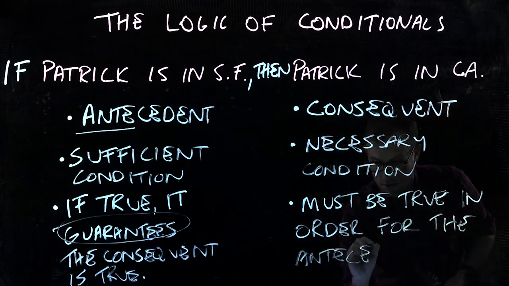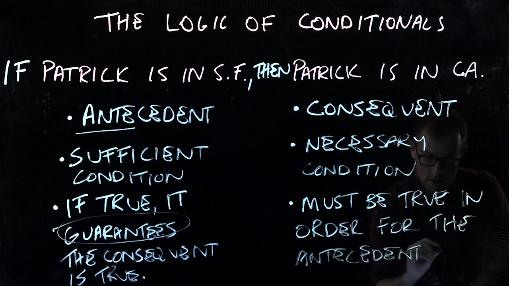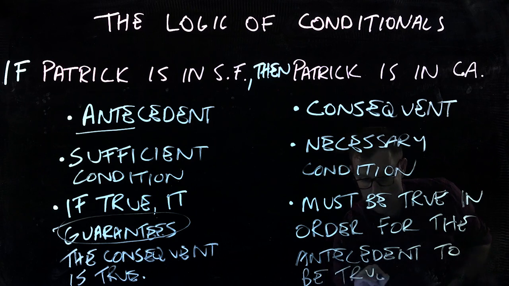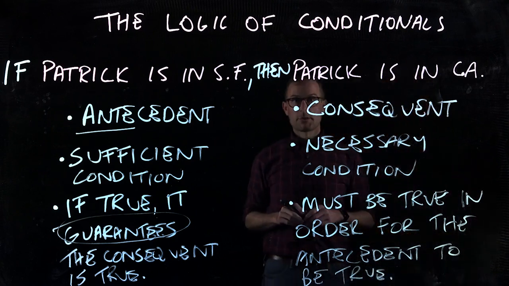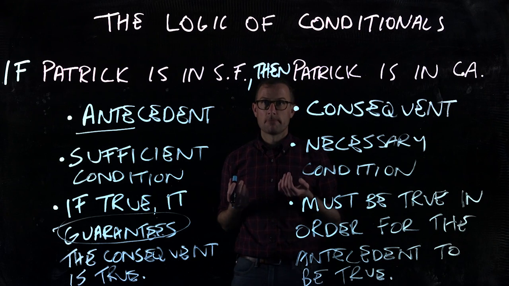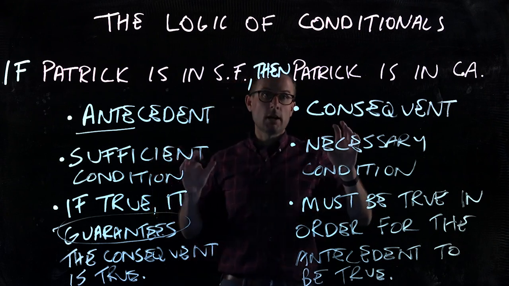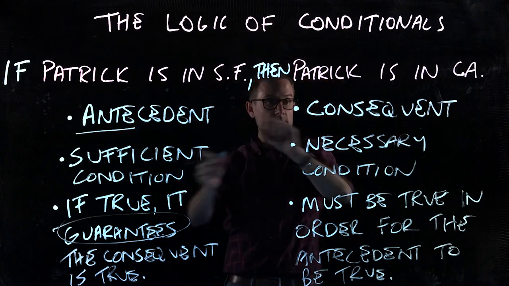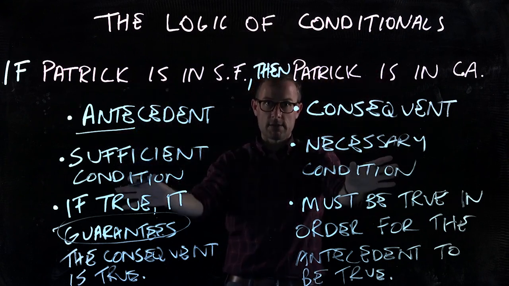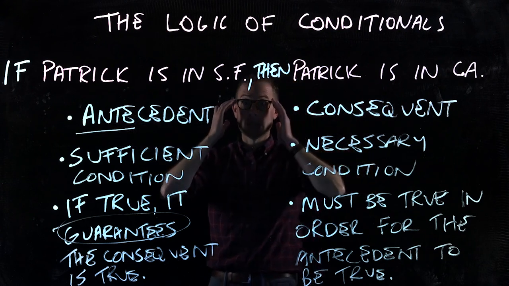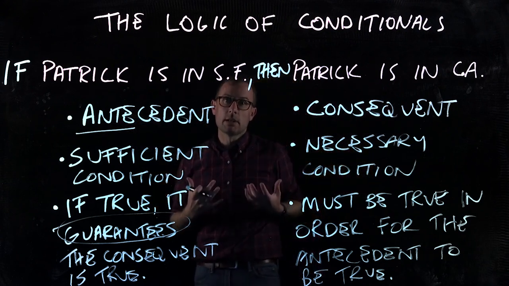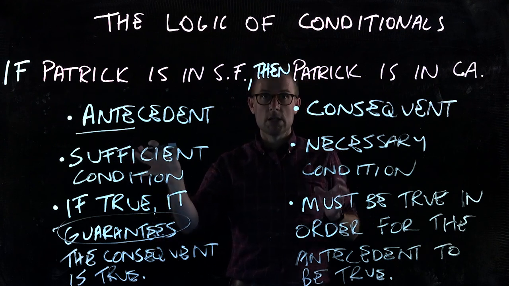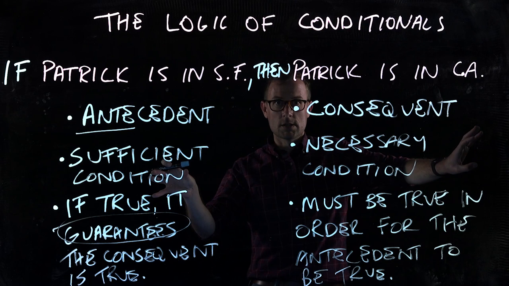So it's important when we evaluate conditional claims for their truth or falsity as complex propositions that we are very cognizant of the order here. We can't switch them around, given that there are these conditions that each plays in the proposition. And we also have to be really clear about when the sufficient condition is either true or false and how that affects the consequent.